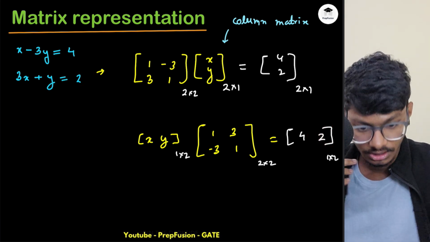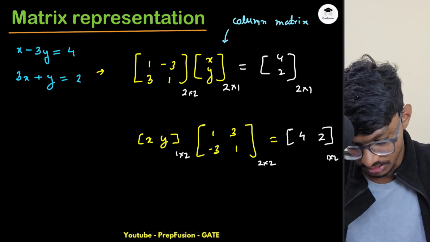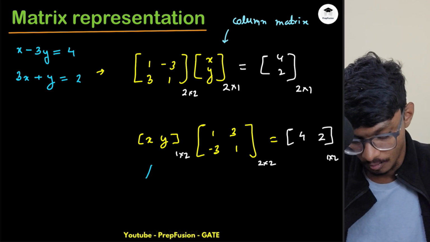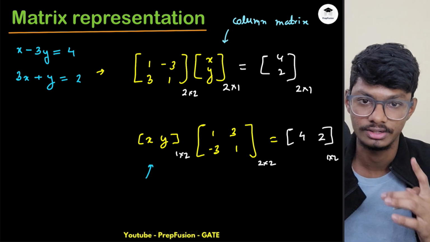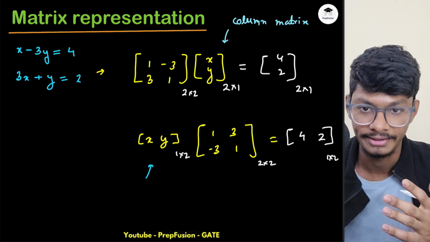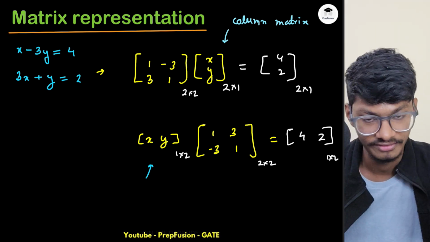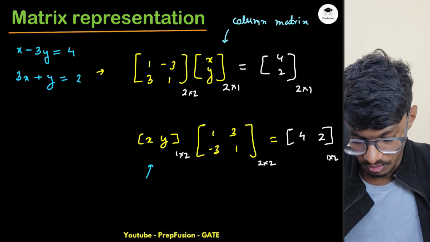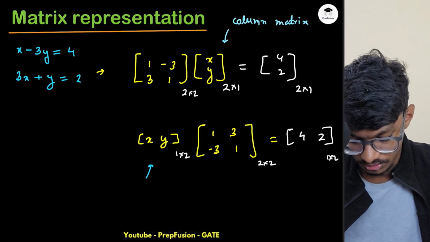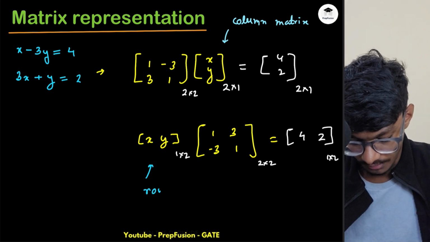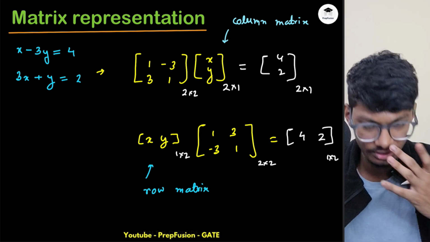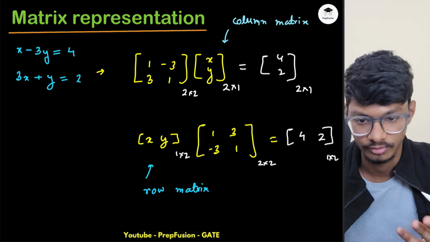So this is satisfying. So this is the row convention, because this is a row matrix; for a row matrix we only have one row, and for a column matrix we only have one column. You can say column vector also, they call it. So column vector, row vector. Okay, so I will explain what a row matrix is later on. Don't worry, I'm just giving you a flavor of this.